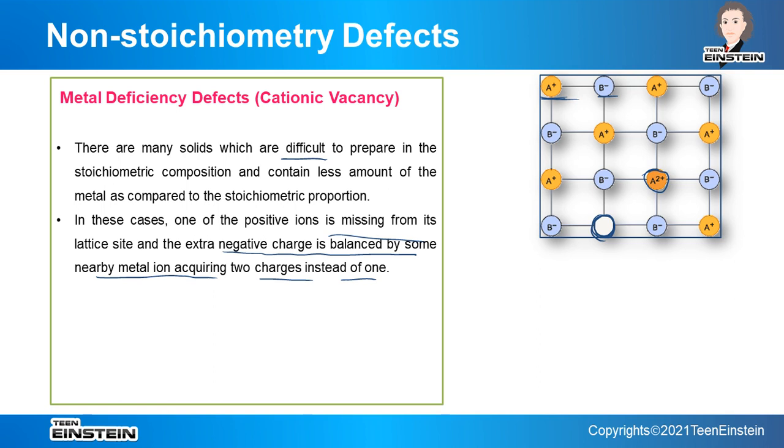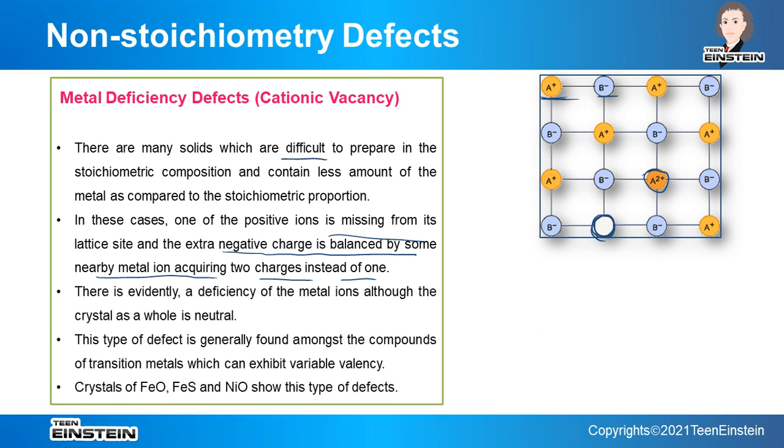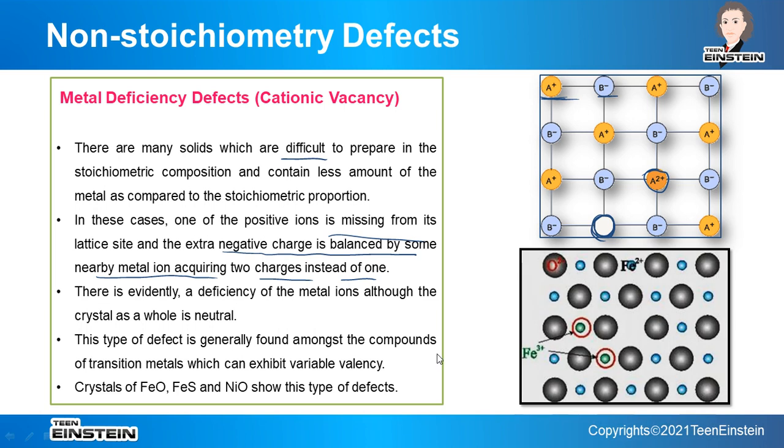Okay. Similarly, it may be another example, that is for iron oxide. So in case of iron oxide, what happens? That is crystals of FeO. Here actually the ideal oxidation state is Fe2+ and for oxygen it is 2-.